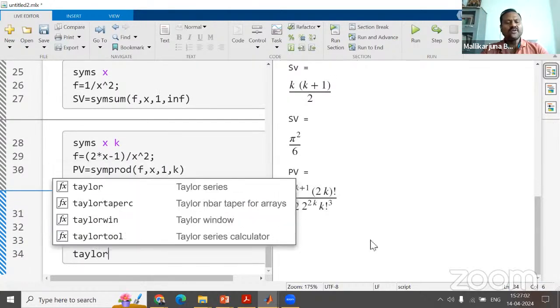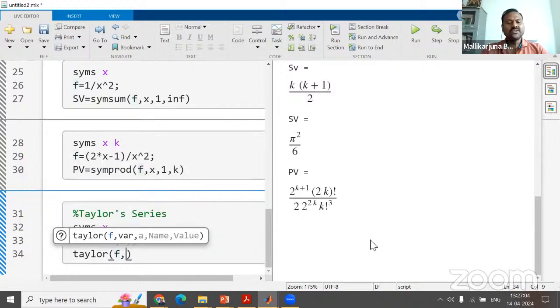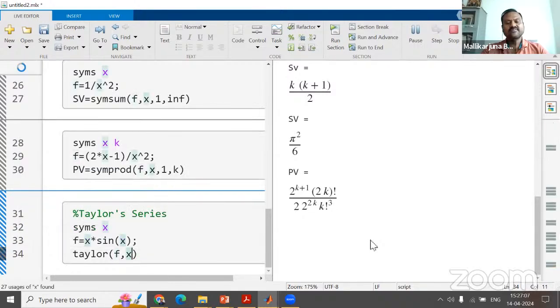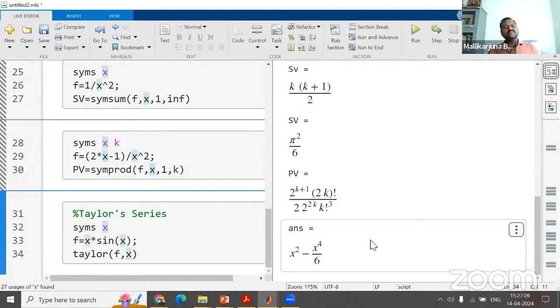Now we need to find the Taylor series of f comma x. We can see x minus x power 3 by 6. We are not defining about which point we are finding the Taylor series. If that is the case, by default, it will take it as a Maclaurin series.